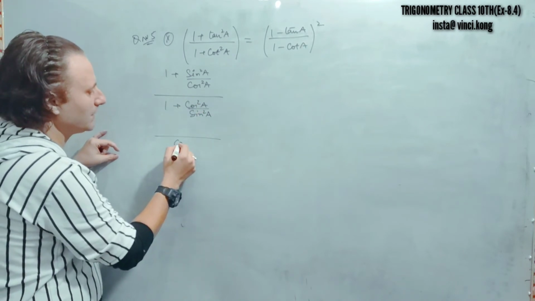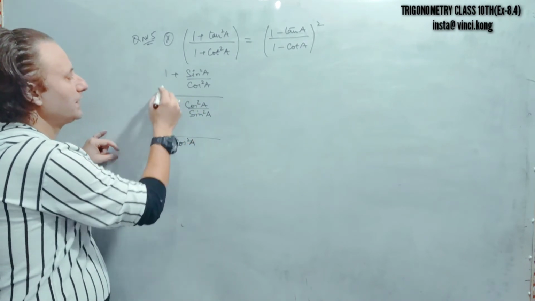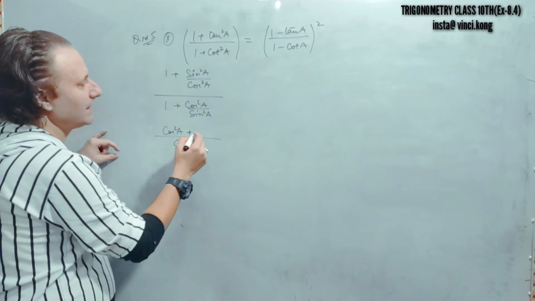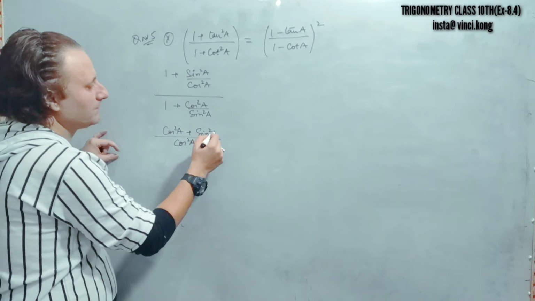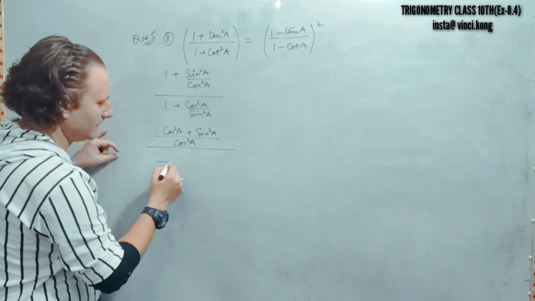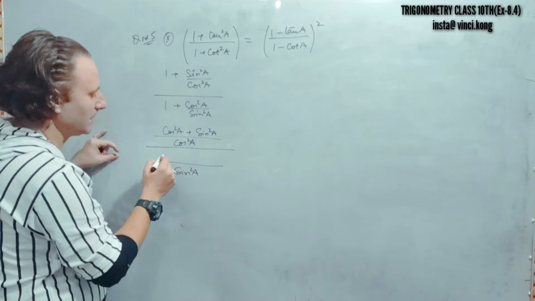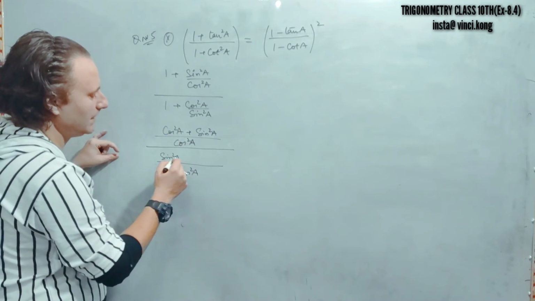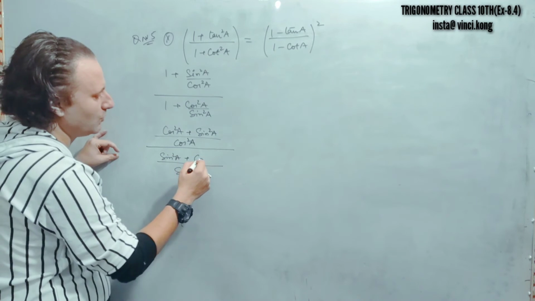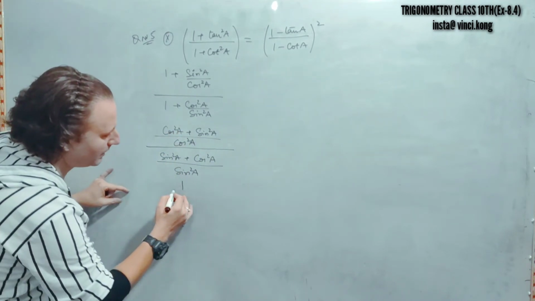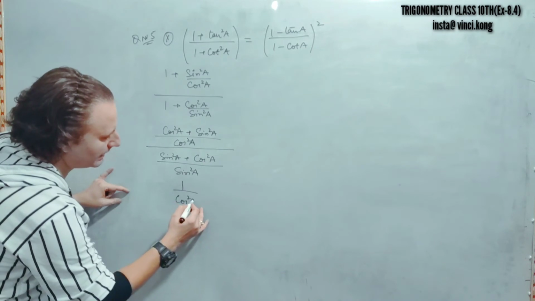Cos square into 1 is cos square A plus sine square A, whole divided by, take the LCM again, sine square A multiplied by 1 is sine square A, then plus cos square A. Sine square A plus cos square A is 1 upon cos square A.